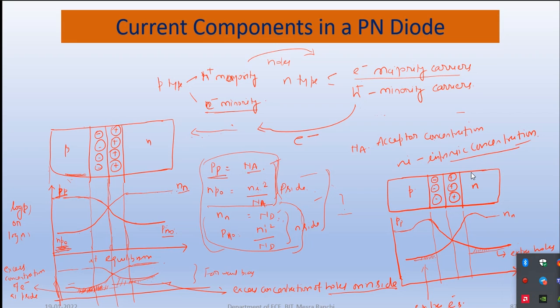So these are the formulas which are taken from the semiconductor physics. We are not going into the depth of these things, but you must be knowing them also. If you are not knowing, then please assume it, because we cannot go into that side.